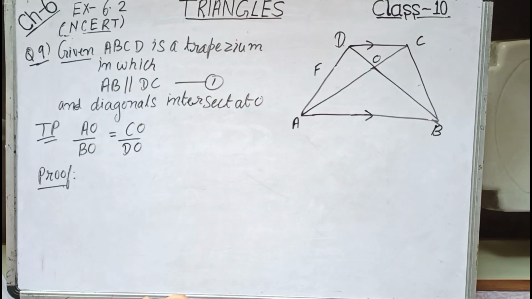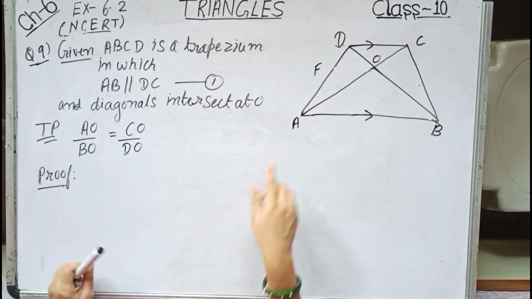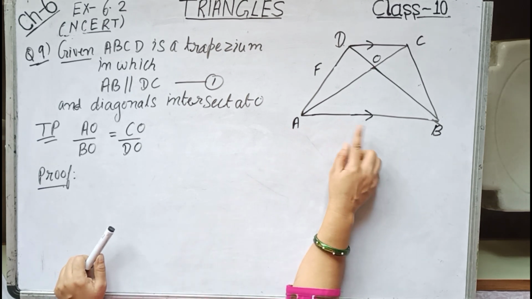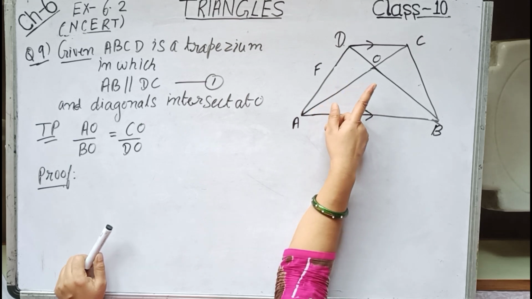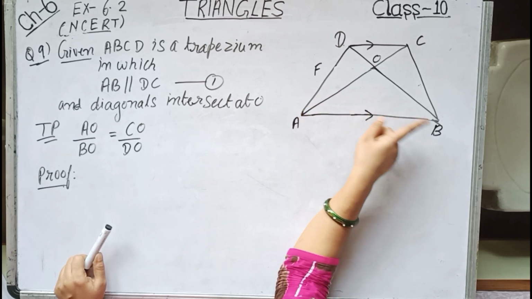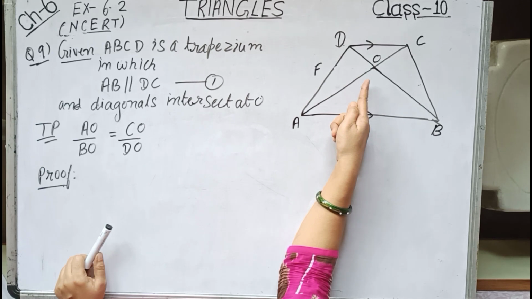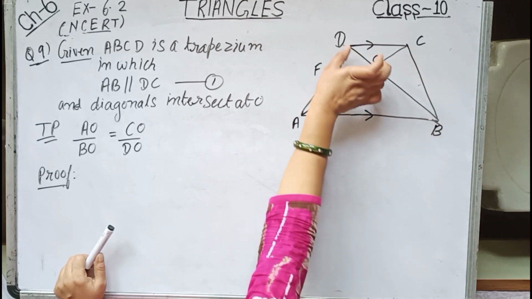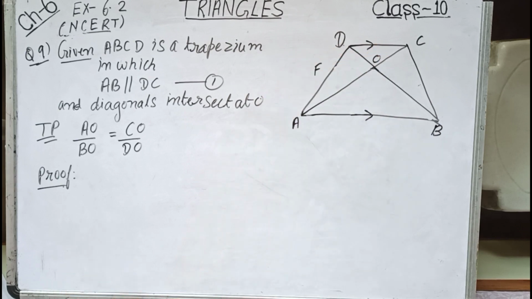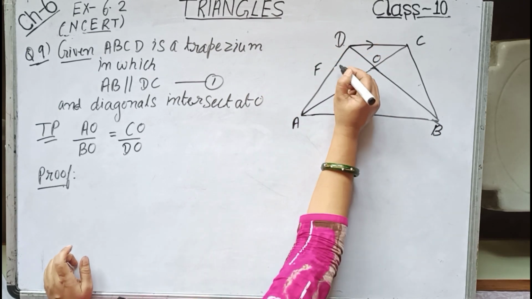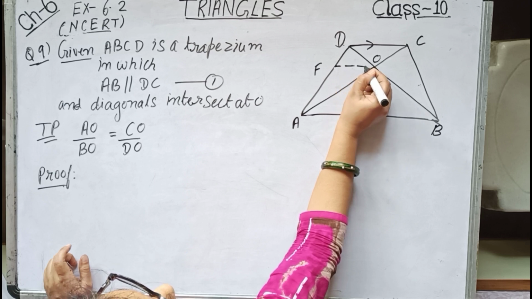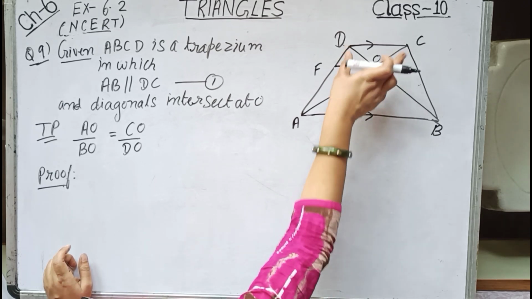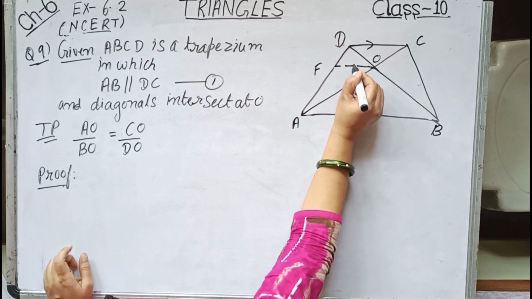Question number 9. Question number 9 says that ABCD is a trapezium in which AB is parallel to DC and the diagonals AC and BD intersect at O. Prove that AO by OC equals BO by OD. For this, let us draw OF parallel to AB, which is also parallel to DC.